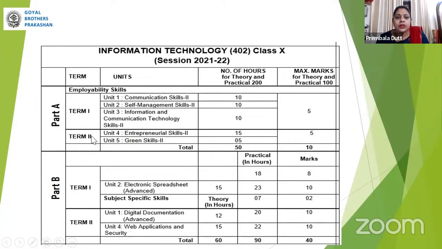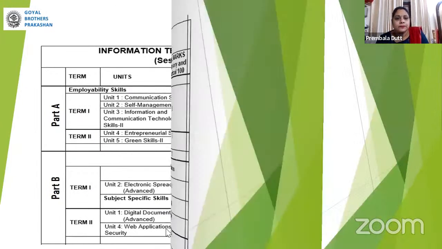In part A, the term 2 syllabus will be for entrepreneurial skills and green skills. The total weightage for term 2, units 4 and 5, will be 5 marks. In part B, term 2 consists of unit 1, which covers digital documentation advanced, web application, and security.